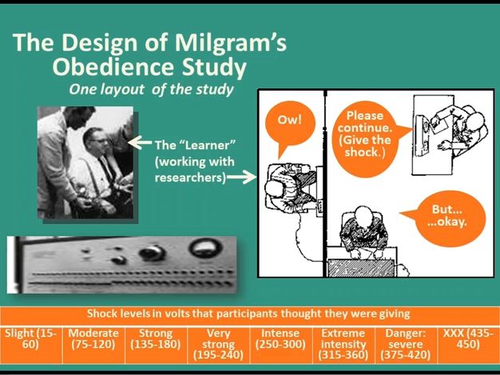So how many people do you think, what percentage of the people would go all the way from moderate to strong to very strong to intense to extreme intensity to danger severe to XXX? How many people would go to the ultimate, the maximum amount of electric shock?